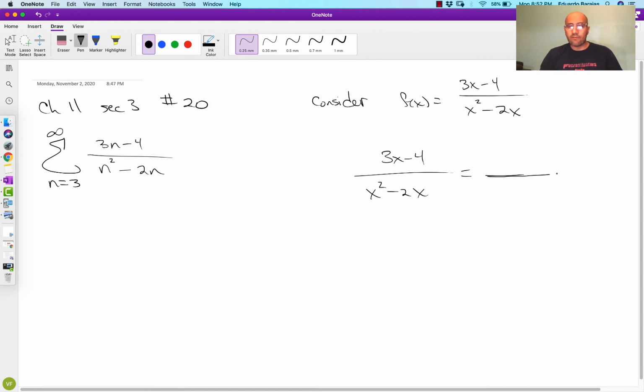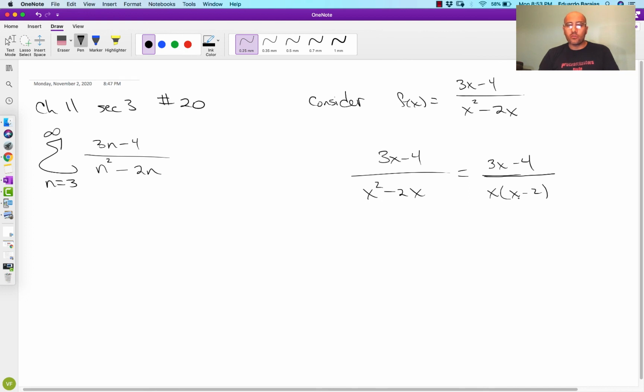Well, no, we have to factor out the denominator. So that'll be x times x minus 2, and then that'll be 3x minus 4. Okay, it qualifies, right? Noting that this is degree 1 and this is degree 2. So it's a proper polynomial fraction.